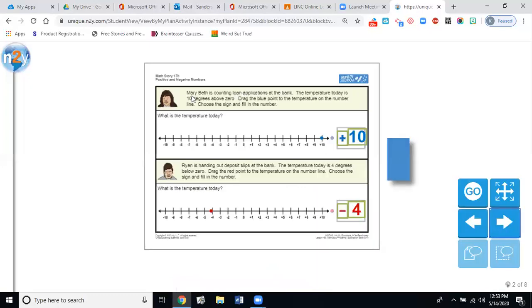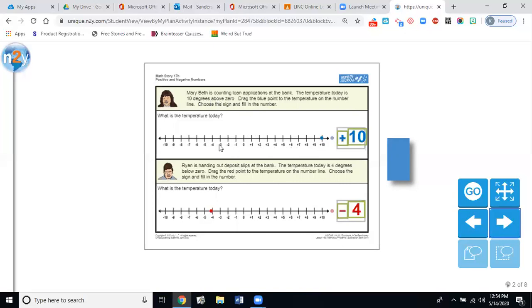Okay, so let's do this word problem using our number line. Mary Beth is counting loan applications at the bank. The temperature today is 10 degrees above 0. Drag the blue point to the temperature on the number line. Choose the sign and fill in the number. Okay, so if the temperature today is 10 degrees above 0, we'd start at the 0 and count to the right, because remember, above 0.